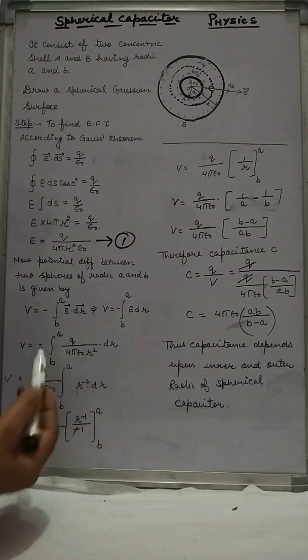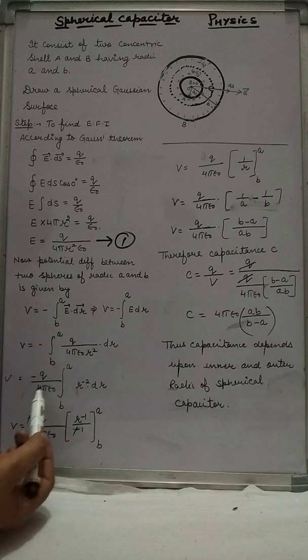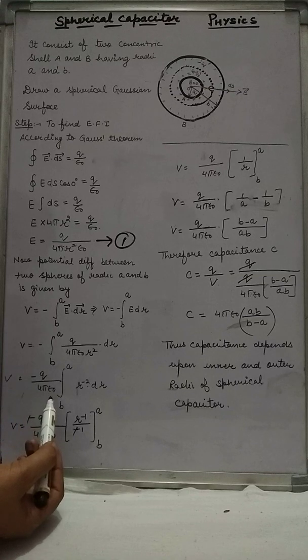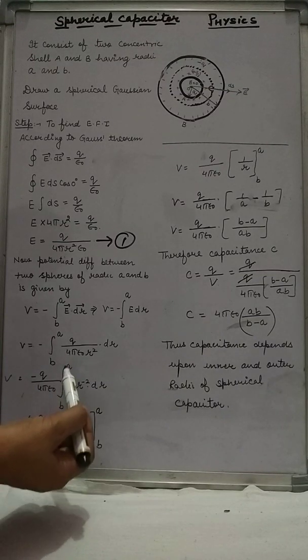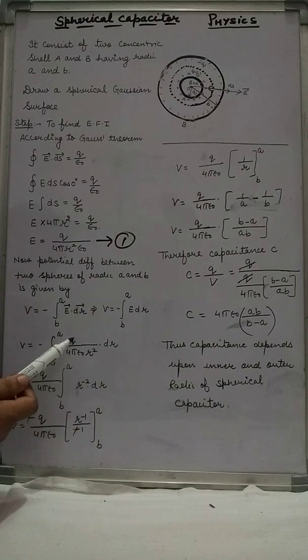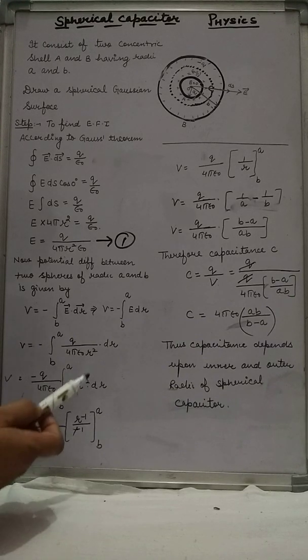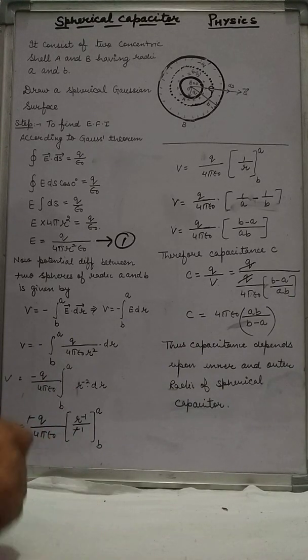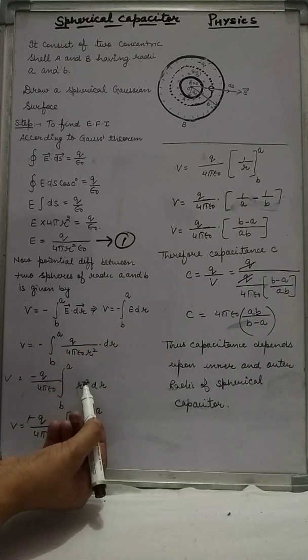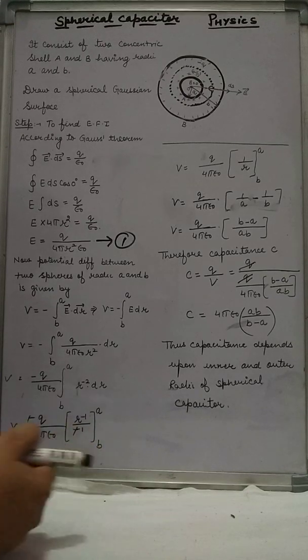Now V is equal to minus Q upon 4 pi epsilon naught, which is constant and comes out of the integration, and integration from B to A of 1 upon r square, which on the upper side becomes r raised to power minus 2, into dr. So V is equal to minus Q upon 4 pi epsilon naught. So the integration of r raised to power minus 2 is r raised to power minus 1 upon minus 1.